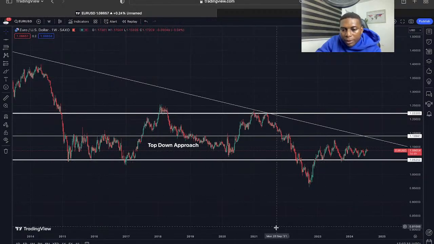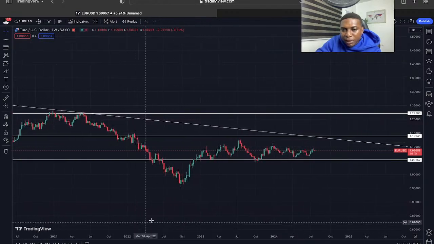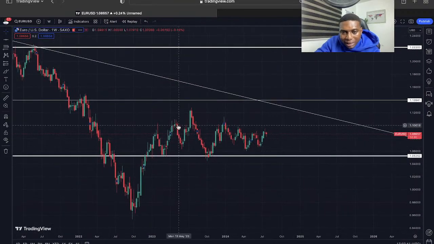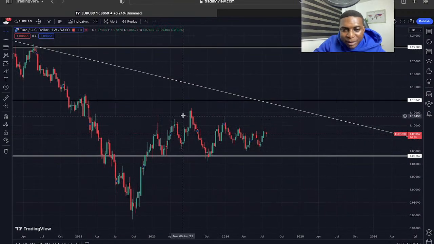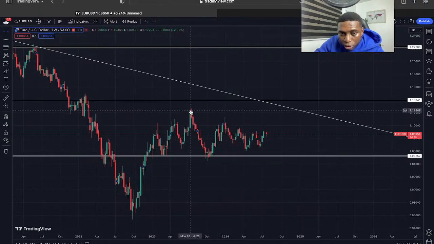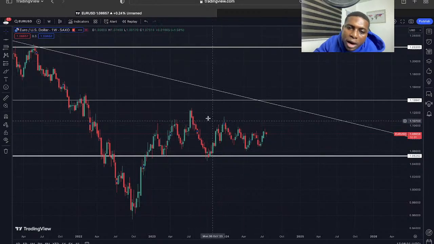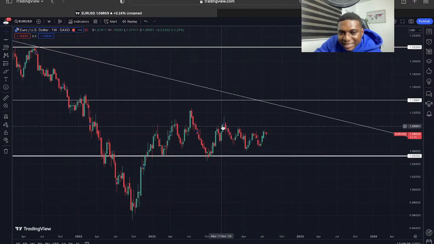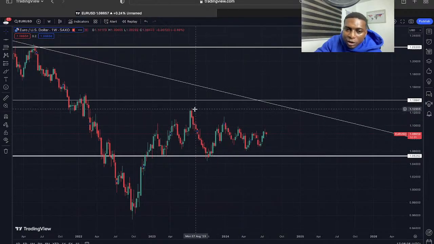When we look closely into the current market movement within the weekly time frame, here is a high, and then the next high is lower than the previous high.